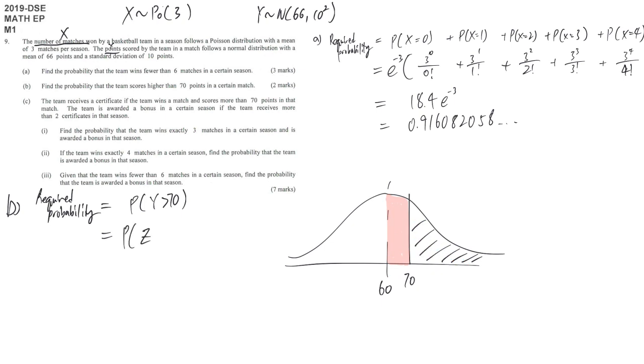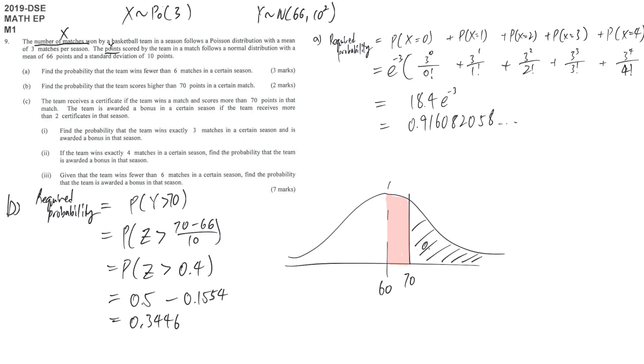Change the requirement to standard score: larger than (70 minus 66) divided by SD 10, larger than 0.4. Then we use the table, 0.5 minus the red area, 0.1554. So 0.3446 is the area here.